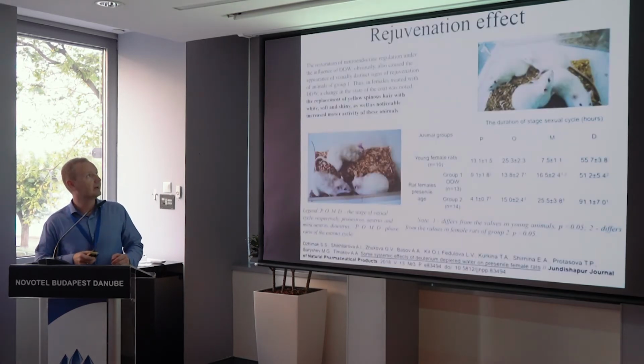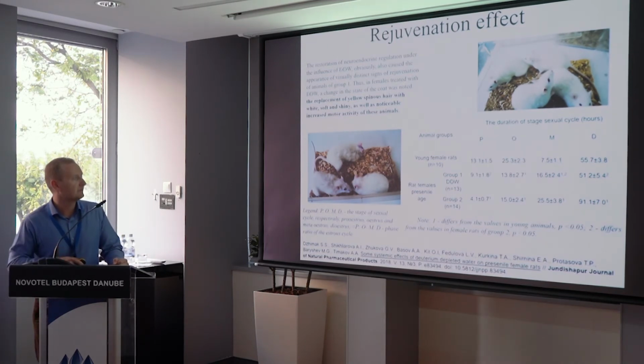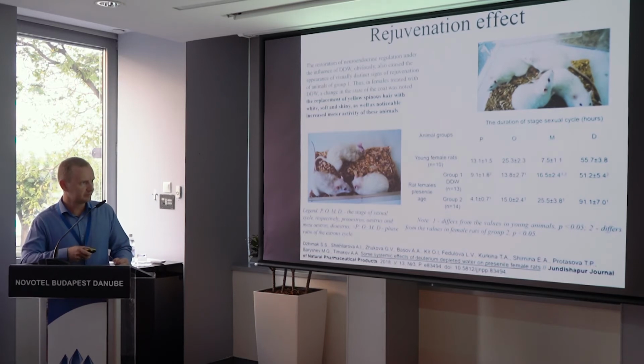Okay. Another biological experiment, a rejuvenation effect that we saw on old female rats. You can see this is the control group, and the experimental group, the rats that were drinking deuterium-depleted water.